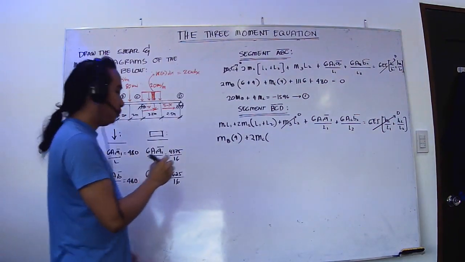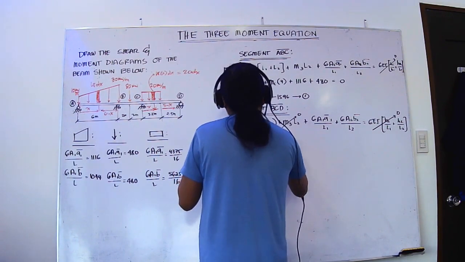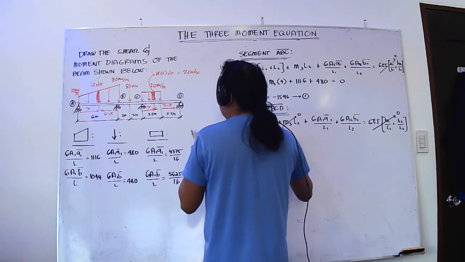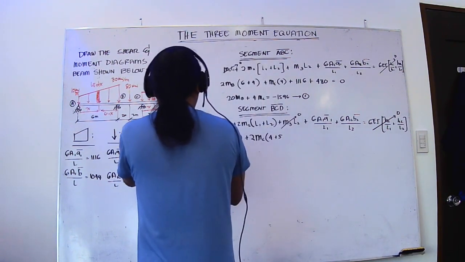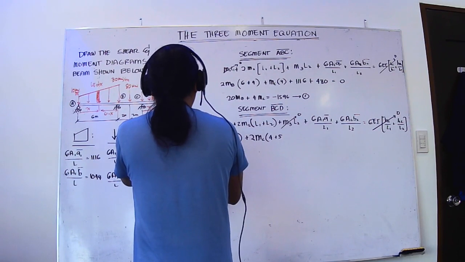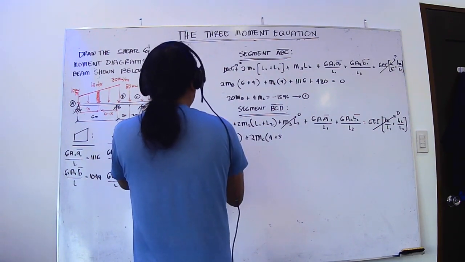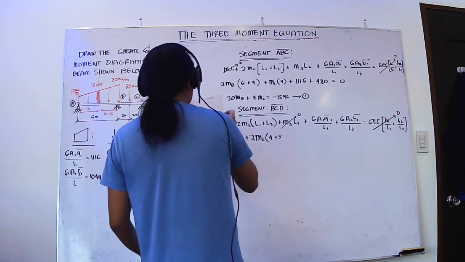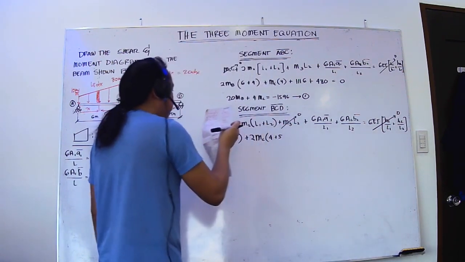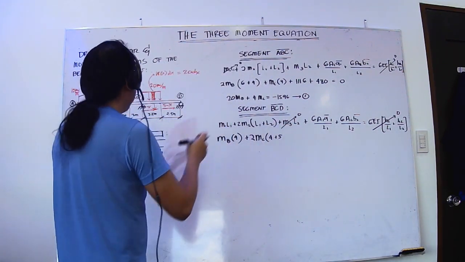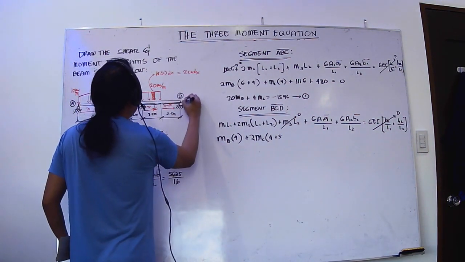Okay? 2MC plus 2MC, 4 plus 5. There is a small issue here. This should be 2EI here, guys. 2EI.